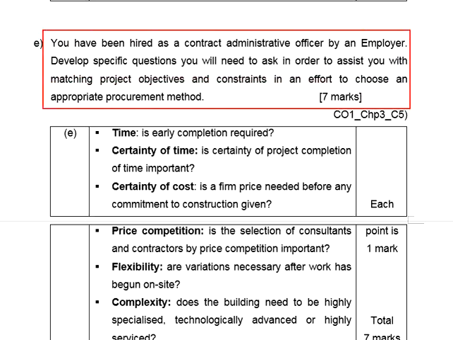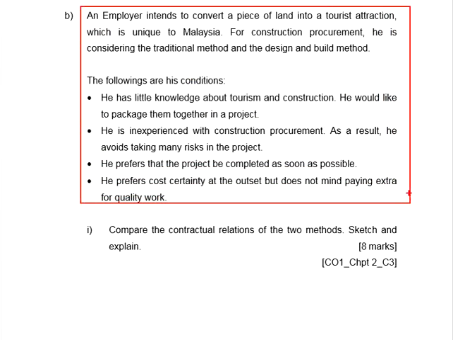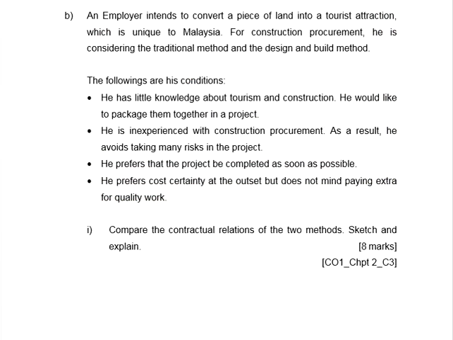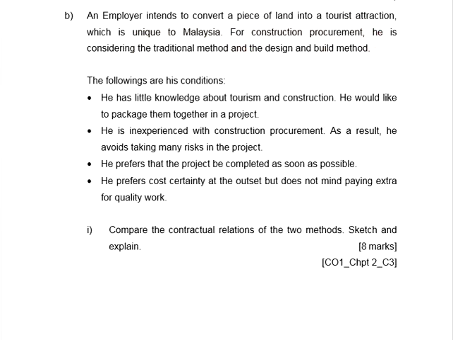You can modify the question here, probably converting it into something like this. Again, it is a scenario. An employer intends to convert a piece of land into a tourist attraction, which is unique to Malaysia. For the construction procurement, he is considering the traditional method and the design and build method.